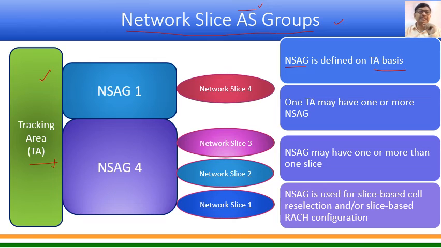Let us see this example. In this tracking area, I have two NSAGs, two AS groups, say group 1 and group 4. Let us assume that this group will support only network slice 4, but this group is supporting network slice 1, 2 and 3, right?